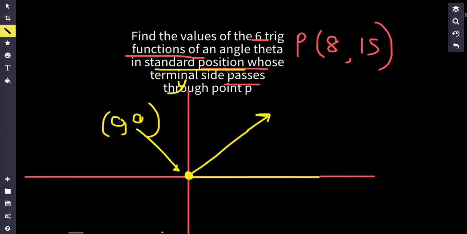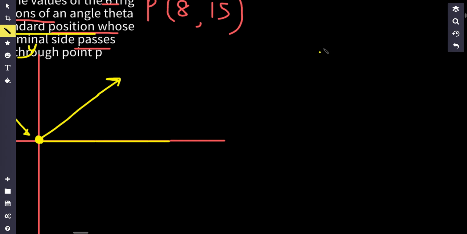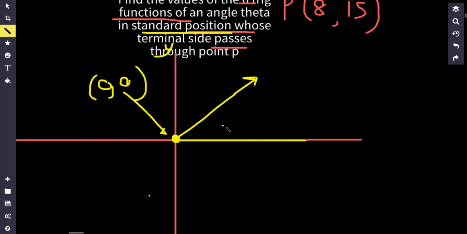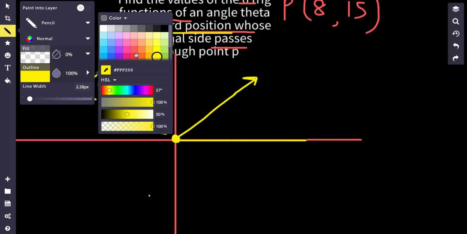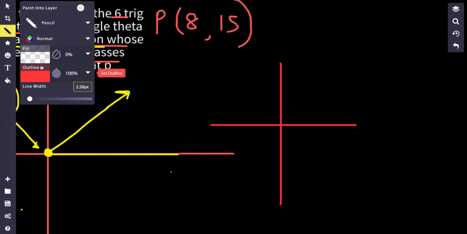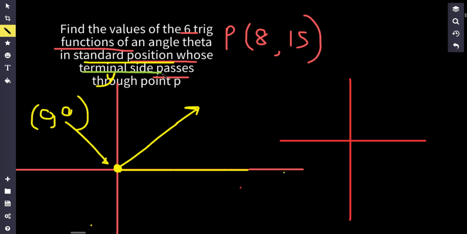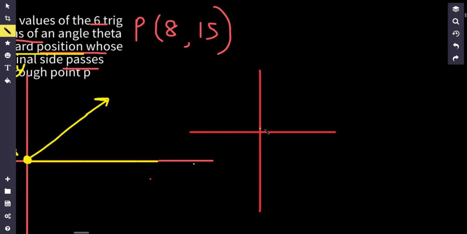Now, it says whose terminal side passes through point P. So the terminal side just represents this ray right over here, right? When you're creating an angle on a graph, like in this example, what this question means by terminal side is that you're going to make the x-axis the base of your angle.